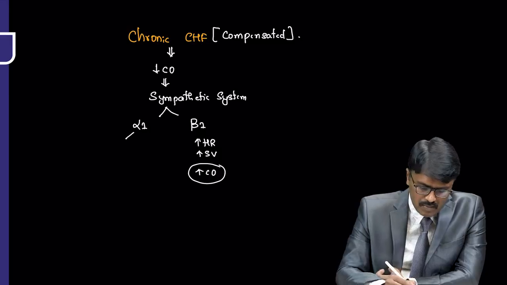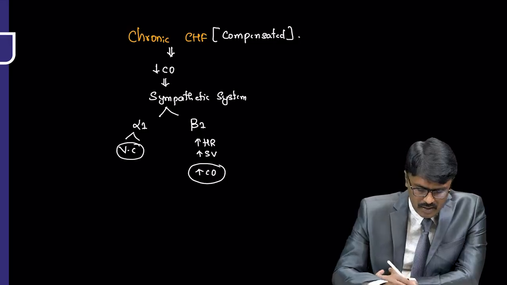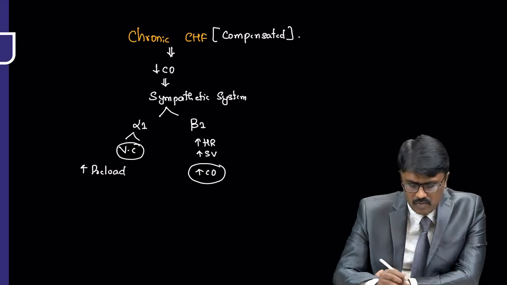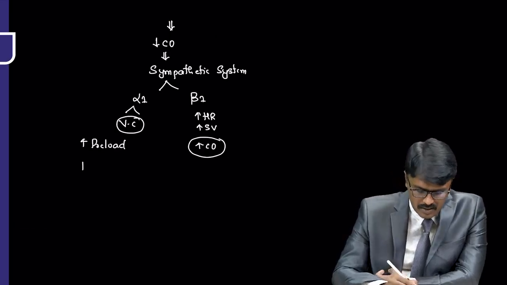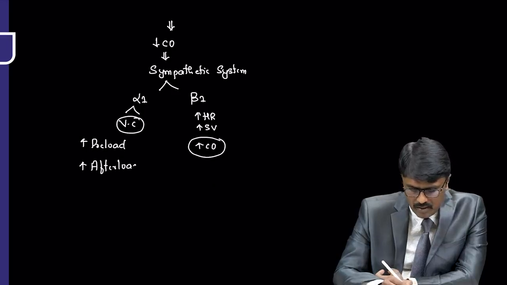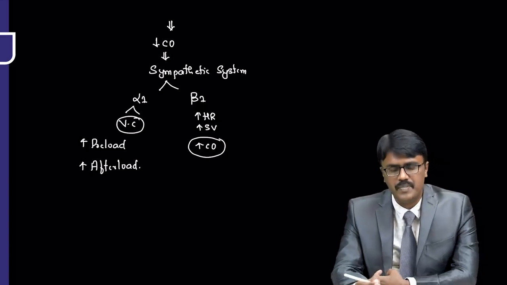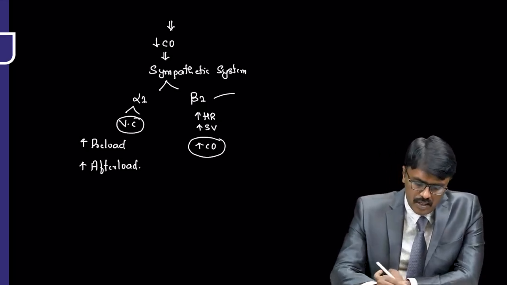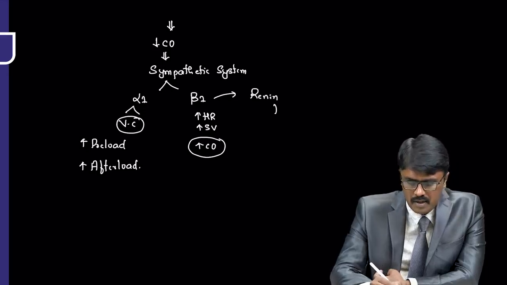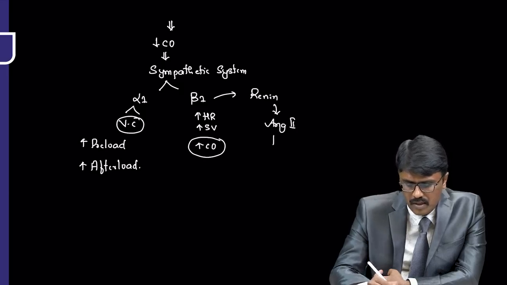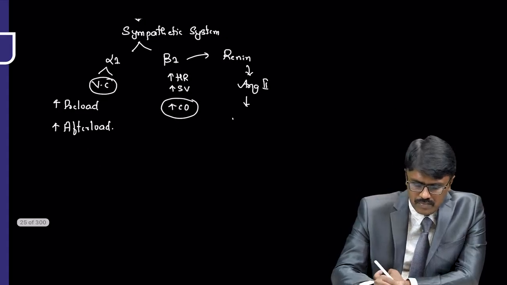Alpha 1 acts on the blood vessels, causing vasoconstriction, and that will increase the preload by causing vein constriction. It increases afterload by constricting arterioles. Now beta 1 will also activate a pathway called renin, that is the RAS pathway. Renin will give rise to angiotensin 2, and from there we get aldosterone.